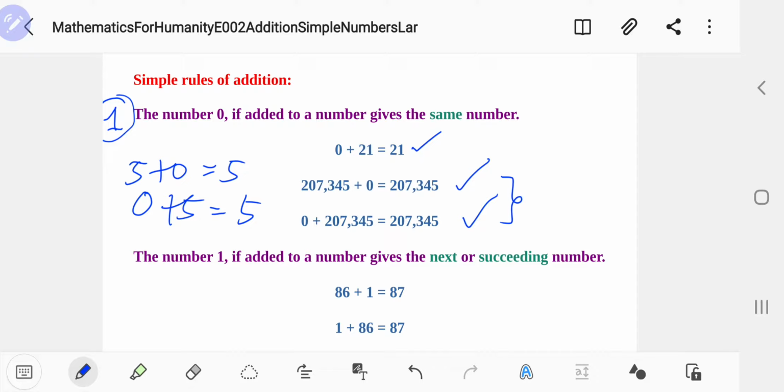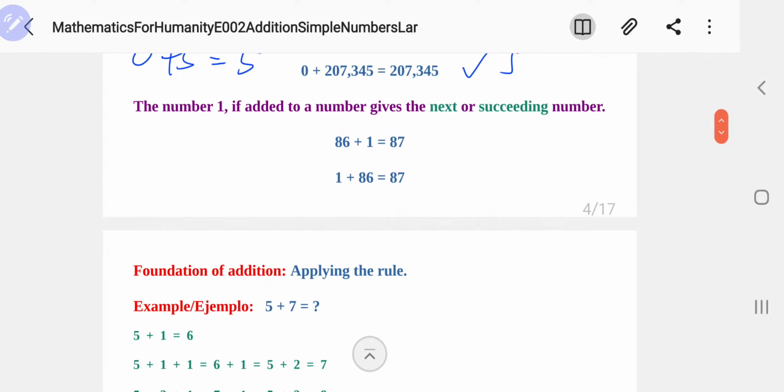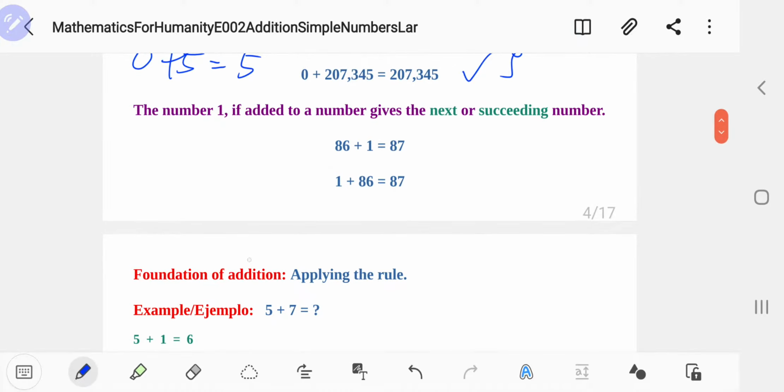The next rule is the number 1, if added to a number, gives the next or the succeeding number. For example, 86 plus 1 equals 87. Again, you can interchange the numbers that you are adding.